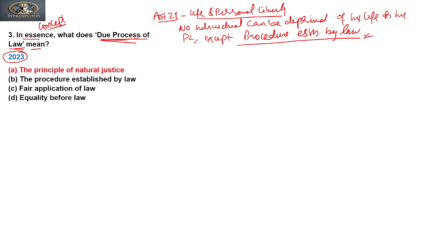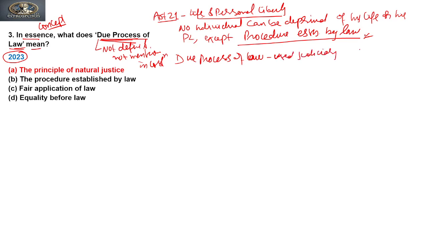Now this due process of law has not been defined or mentioned in the Constitution. Right. But this due process of law is used by the judiciary to interpret Article 21 of the Constitution, right?